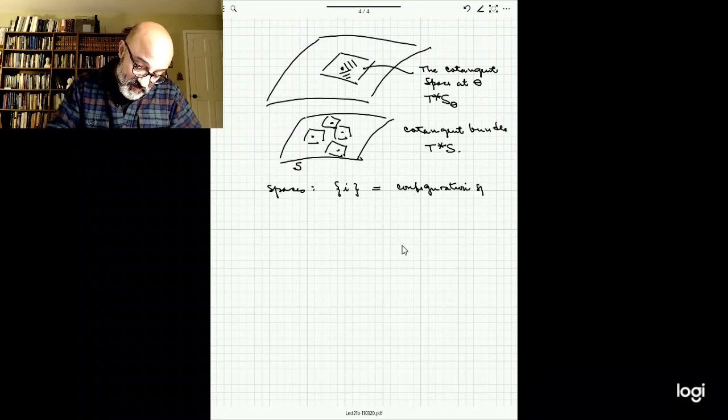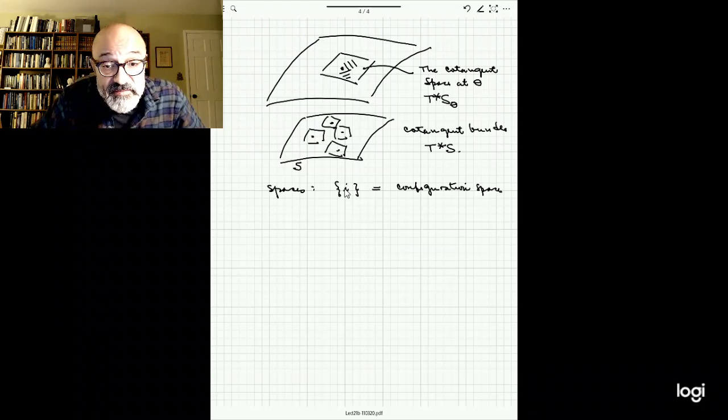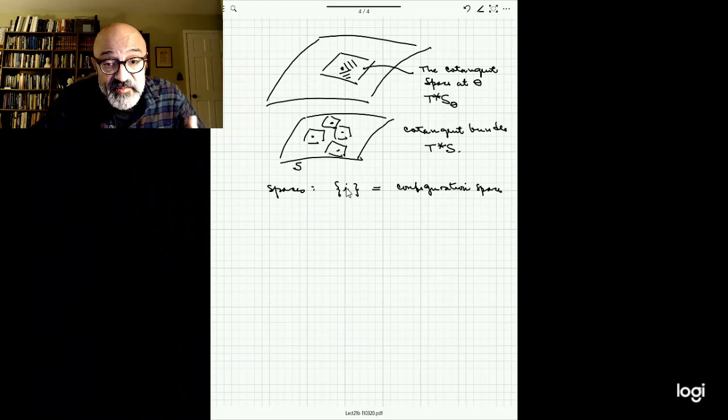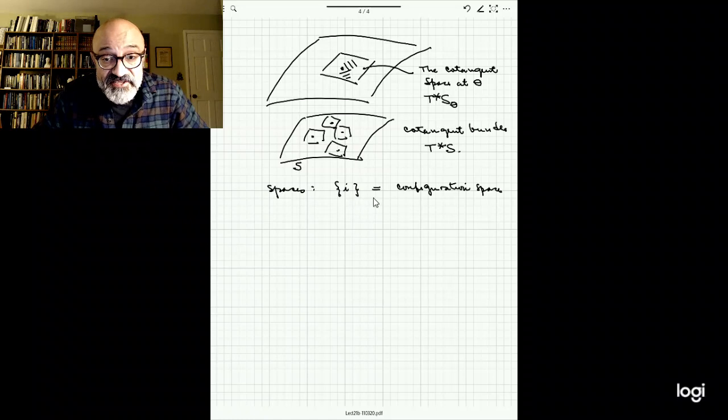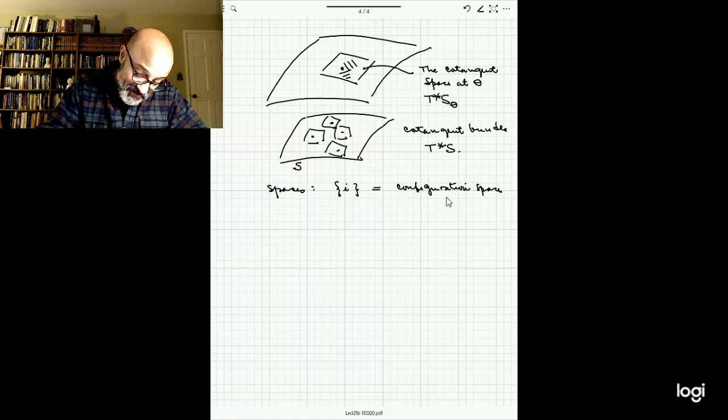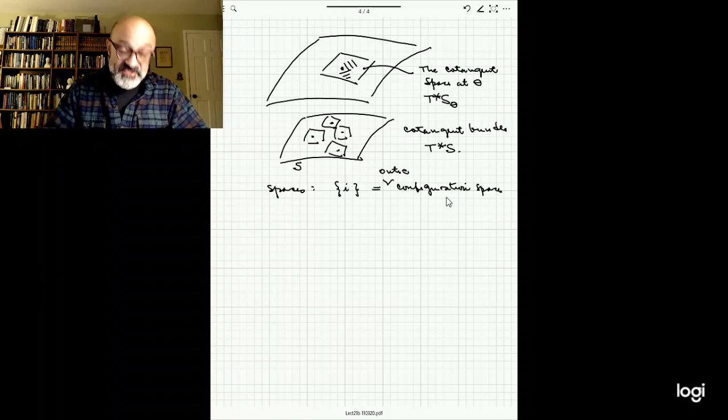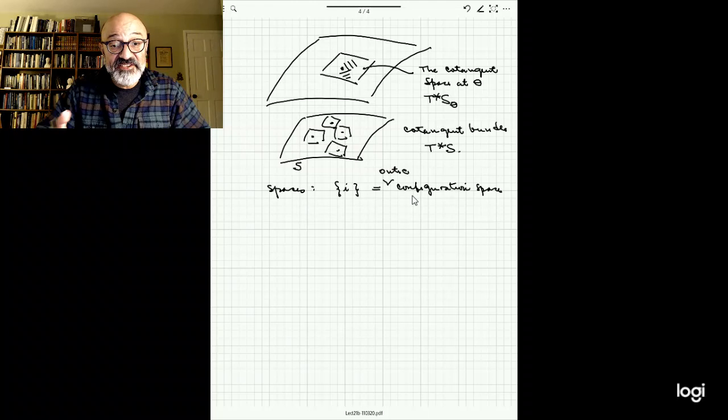Configuration space. These are the objects that are supposed to be real, right? The probabilities are all in your brain, the epistemic objects. The stuff that's actually real is the faces, 1, 2, 3 of the die. So it is not a bad idea to call this the ontic configuration space, because it is the configuration space of the things that are actually real.